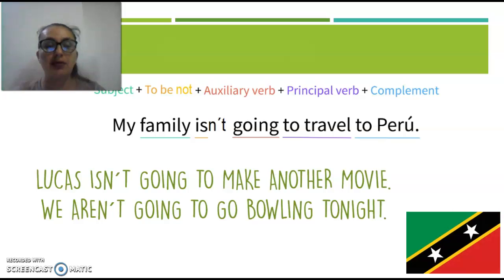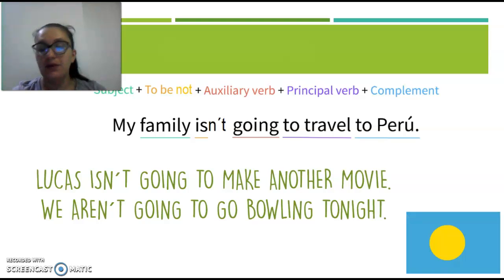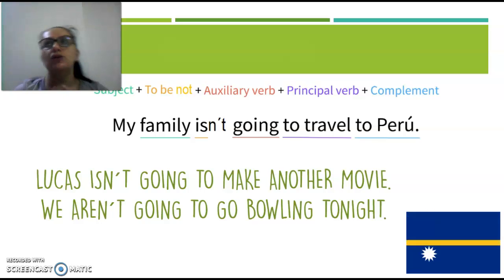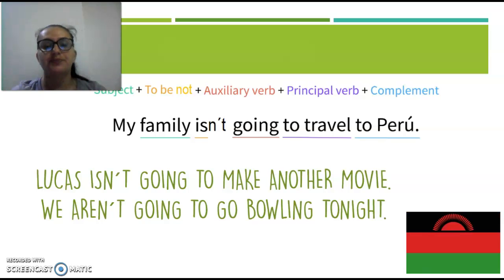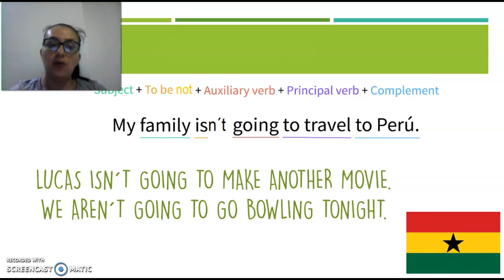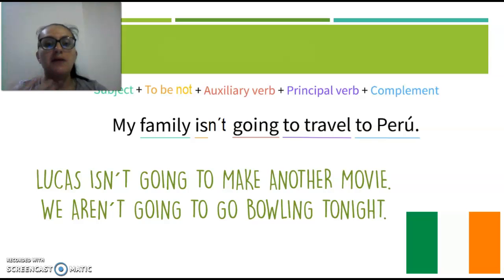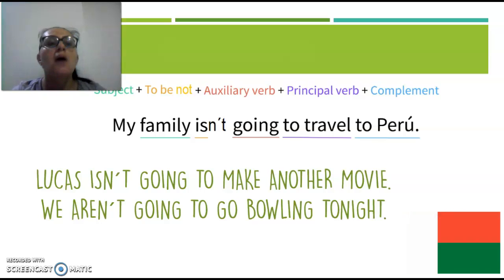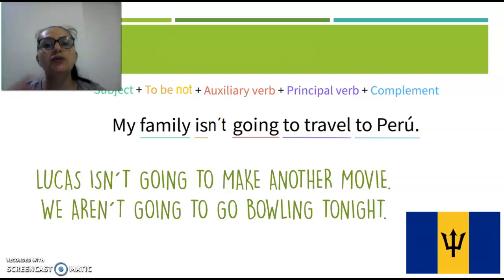In a future, remember in Spanish, voy a, auxiliary verb. Then the principal verb, to study, to dance, to cook, to make, to do, the action. And then if you want, the complement. So according with examples, I say in affirmative, my family is going to travel to Peru. Now in negative, my family isn't or is not going to travel to Peru.